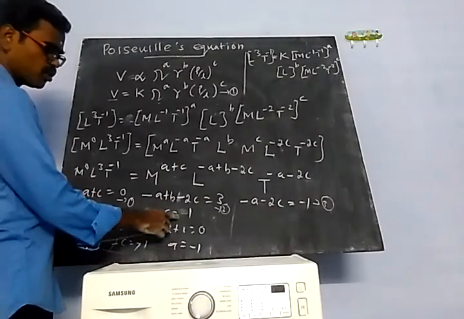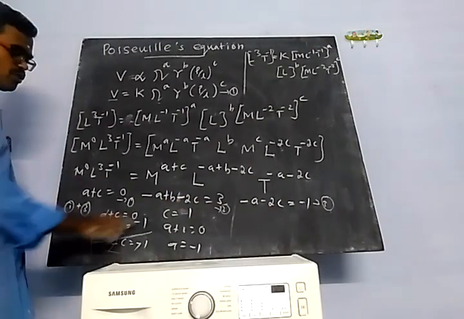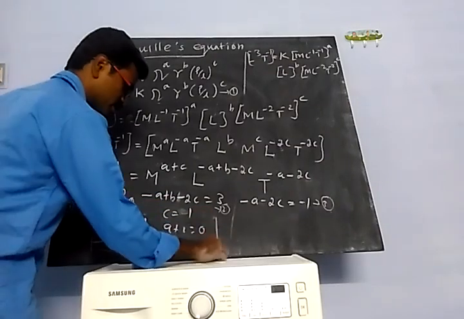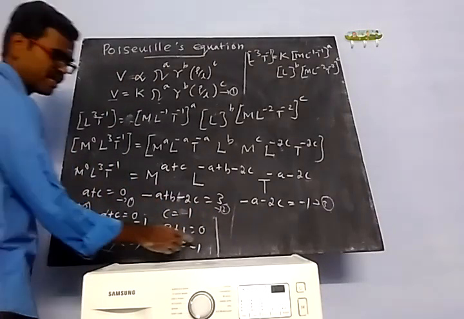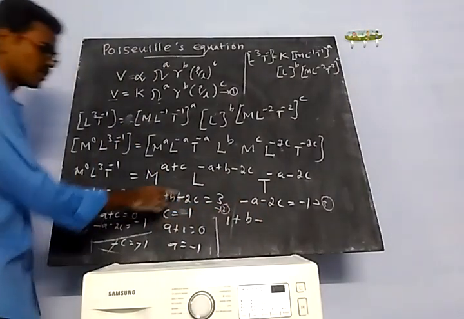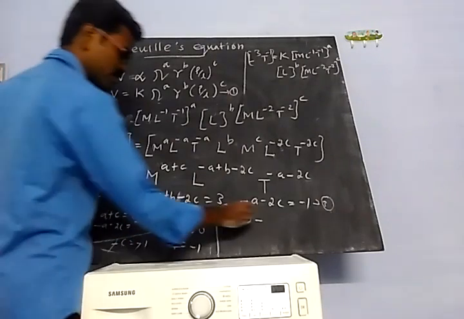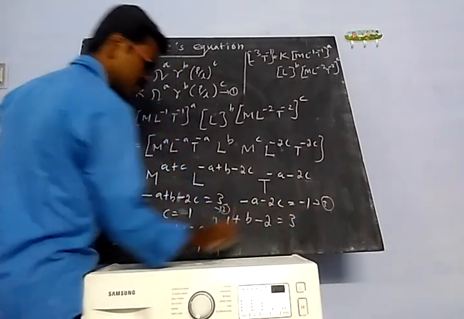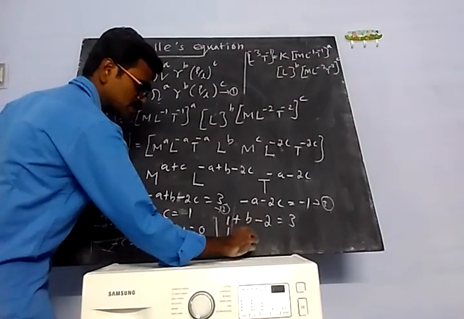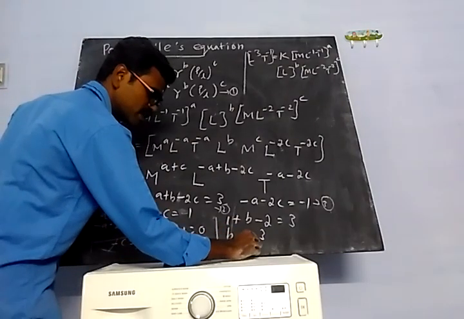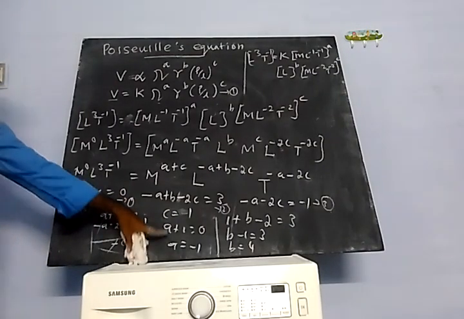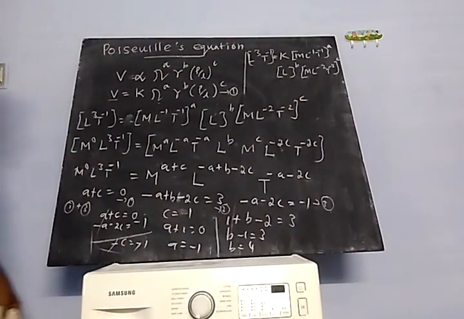Now substitute both values in equation number 2, c value plus 1 and a value minus 1. Minus of minus 1 is plus 1, plus b minus 2c, with c value 1, so minus 2, is equal to 3. So 1 minus 2 is minus 1, so b minus 1 is equal to 3. Then b is equal to 4. So the c value is 1, the a value is minus 1, and the b value is 4.